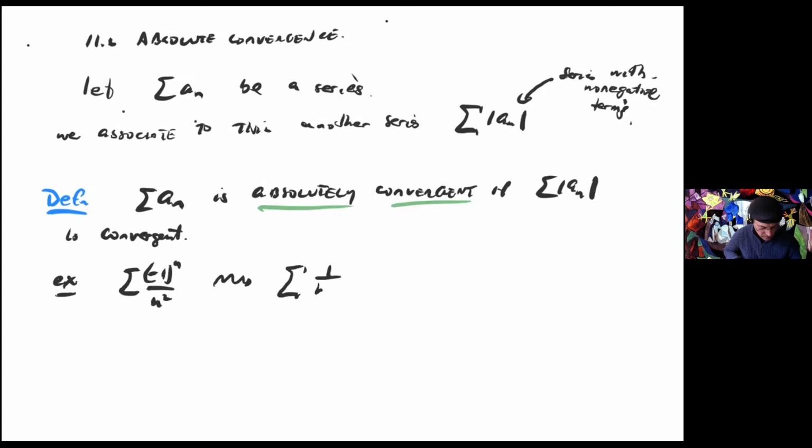You get 1 over n squared. And this is the 2 series, and it converges. So the series summation (-1)^n over n squared is absolutely convergent for that reason.